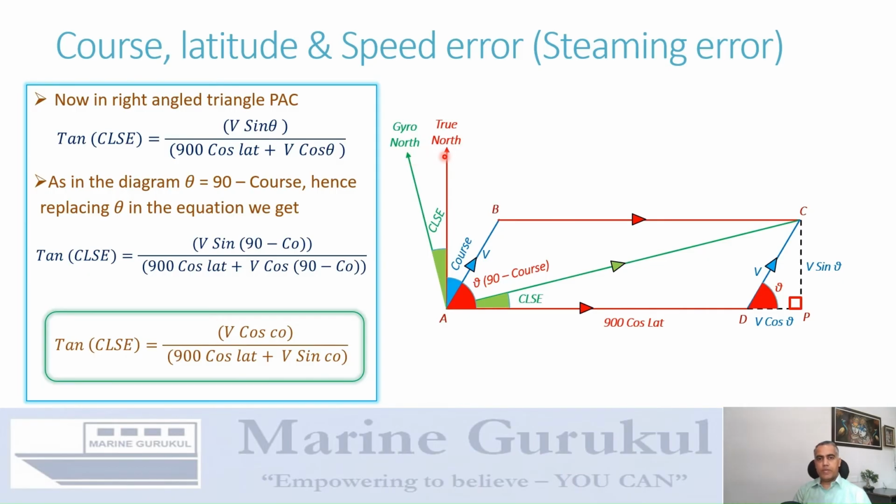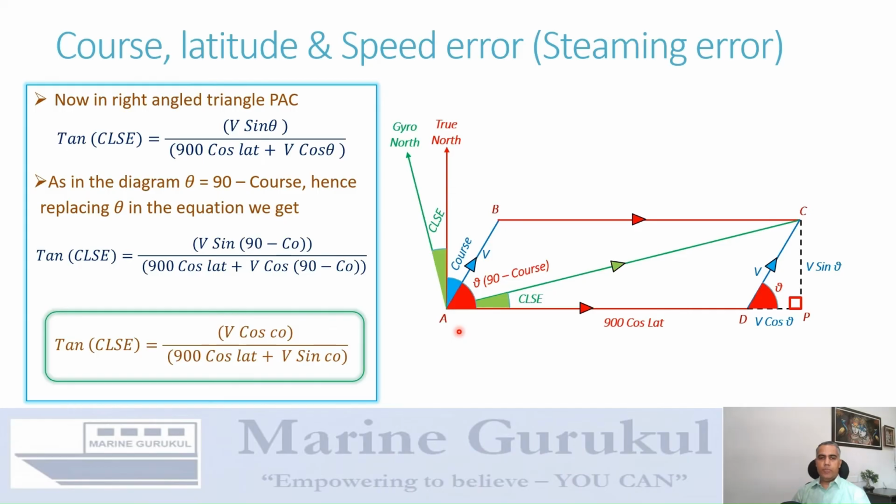Now, if the ship is steering a course in some other quadrant, let us say for example southeasterly quadrant or southwesterly quadrant or northwesterly quadrant, there is going to be a slight change in the formula. And for each and every quadrant, the formula can be derived using the same principle.